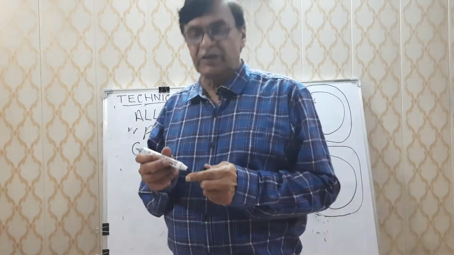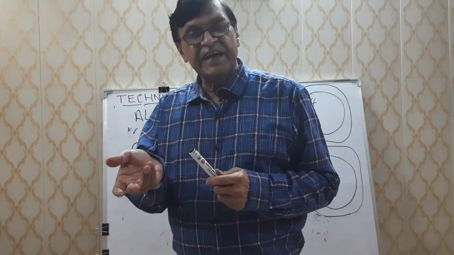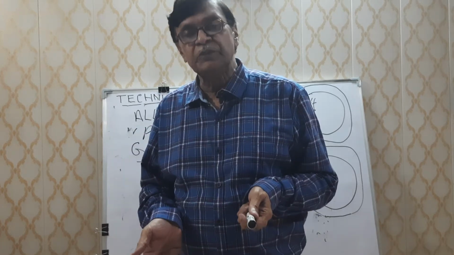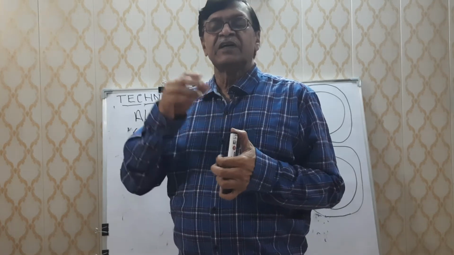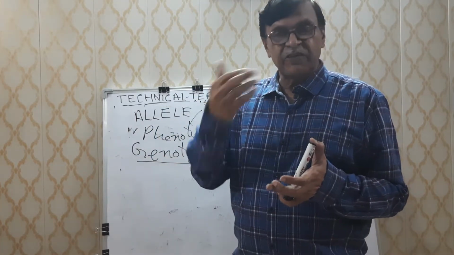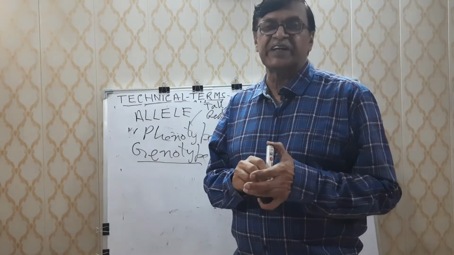And when we compare the phenotypes of more than one individual, the ratio is called the phenotypic ratio. And when we consider the genetical constitution of more than one organism in an experiment, it is called the genotypic ratio.